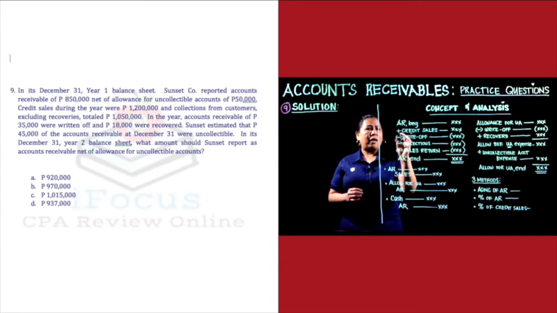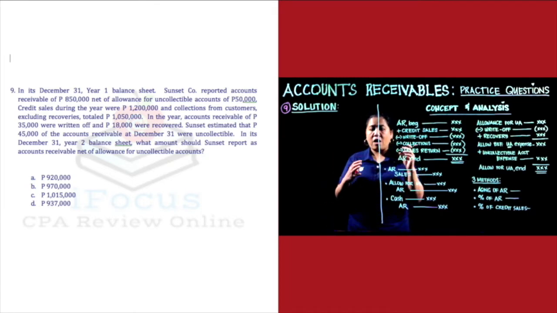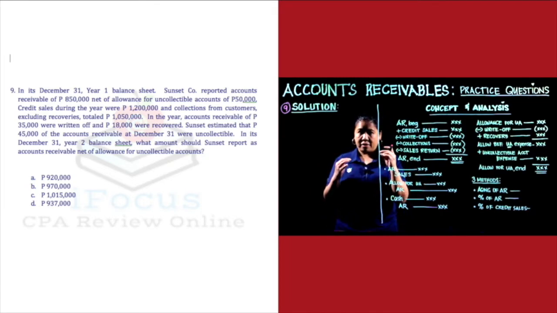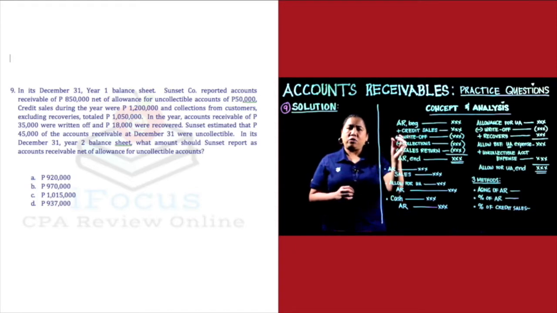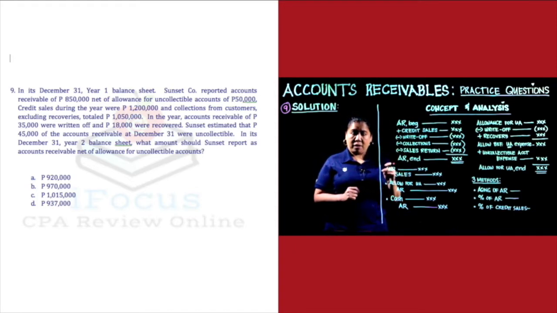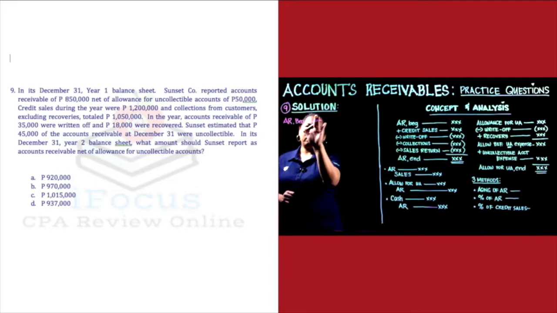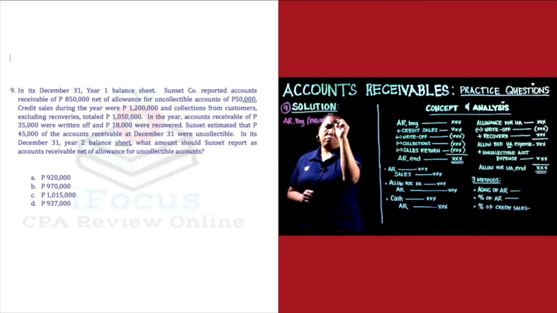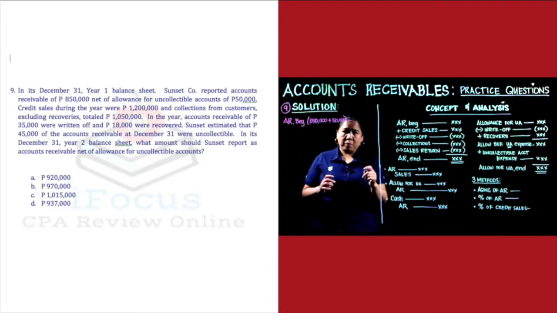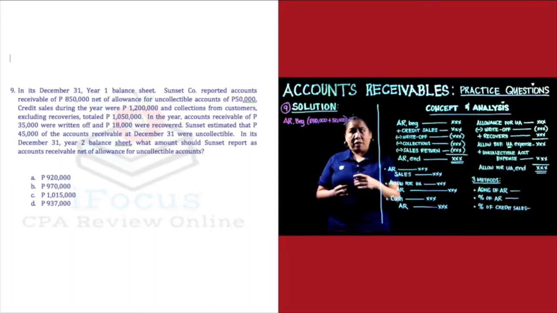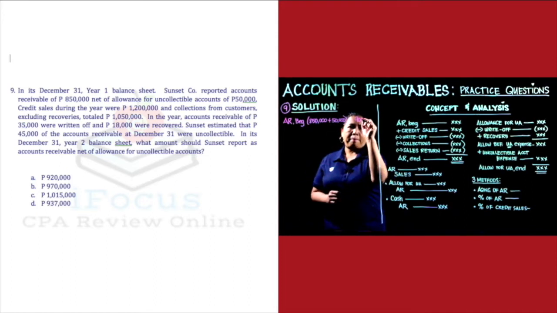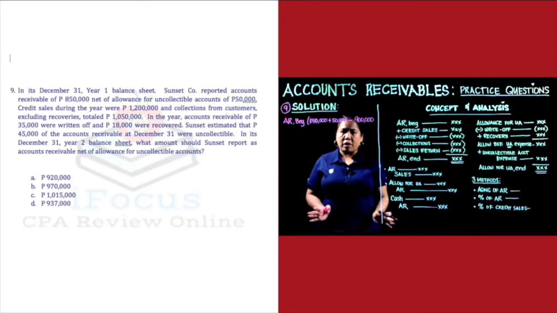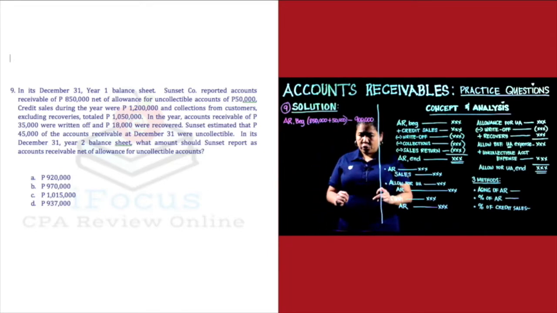Para makita natin ang accounts receivable beginning ng January 1 of year 2, i-add back natin yung 50,000 sa 850,000. Alright? Para makita natin yung ating accounts receivable beginning. So, ang ibig sabihin, ang ating accounts receivable beginning ay 900,000. Then, tingnan natin kung anong nangyari sa buong taon ng year 2.